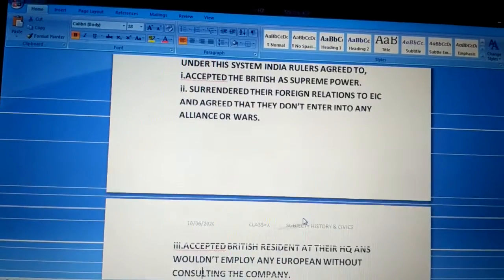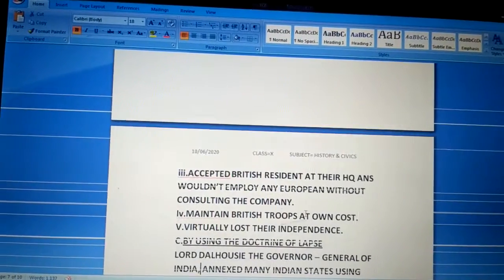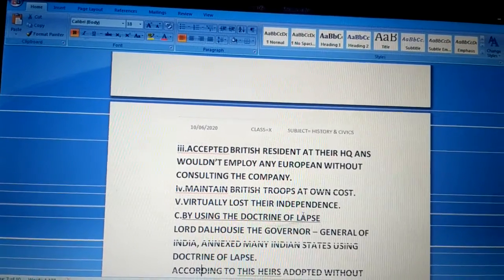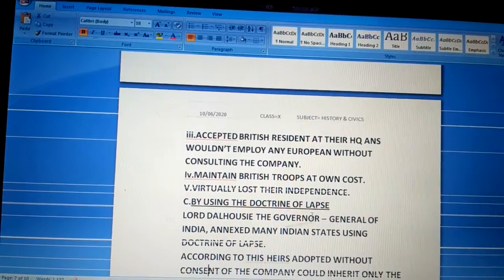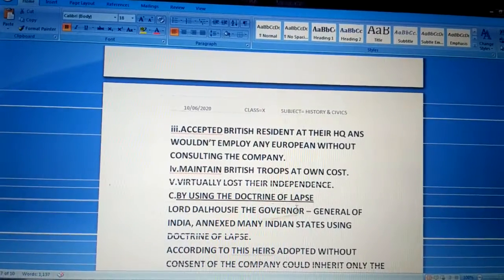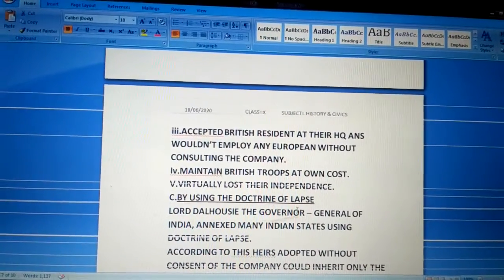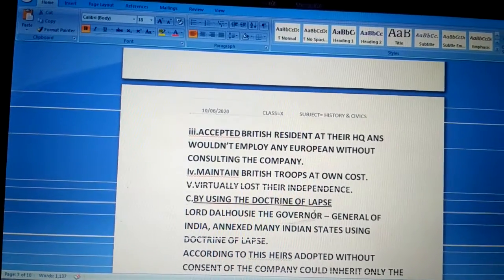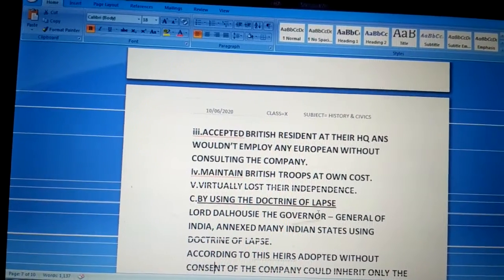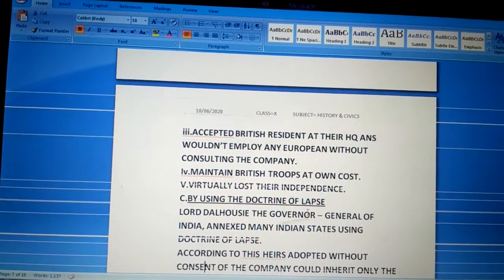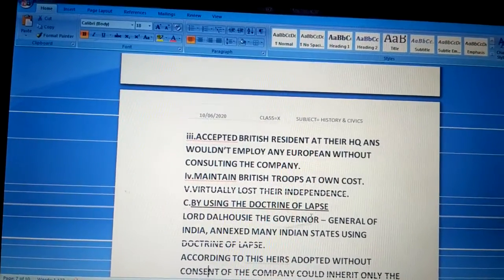Okay. Then they accepted a British resident at their HQ, meaning headquarters. The British resident will be at their headquarters. That means the British can already capture easily if the British resident is at the headquarters. And they must not employ any European without consulting the company.